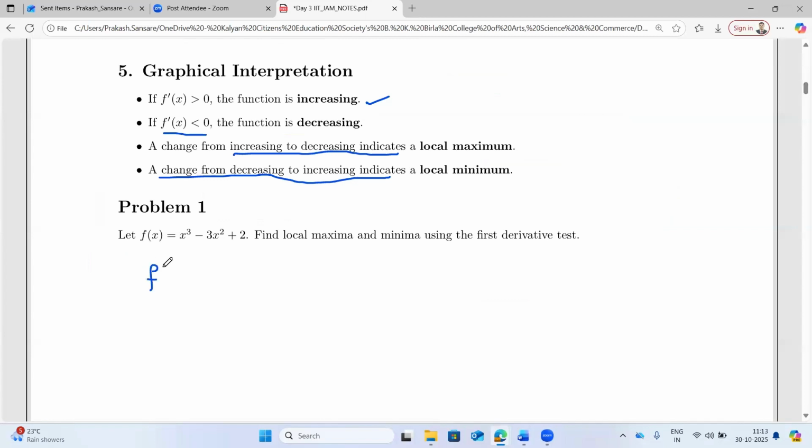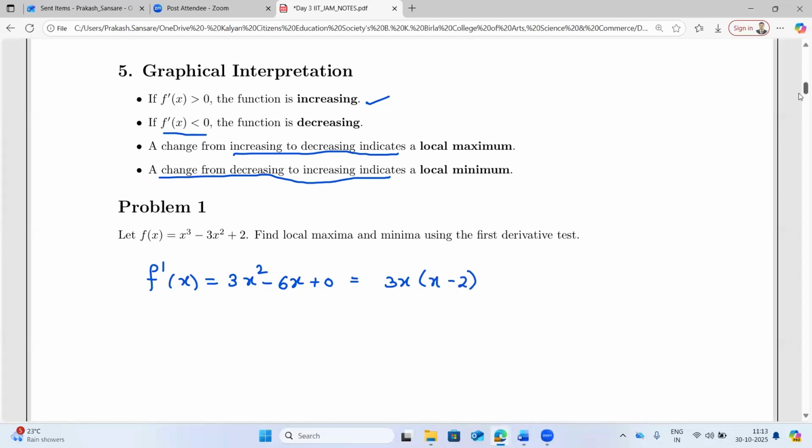So what is f'(x) here? The derivative of f with respect to x is 3x squared minus 6x plus 0. Let me take 3x common, so it is 3x times (x minus 2).